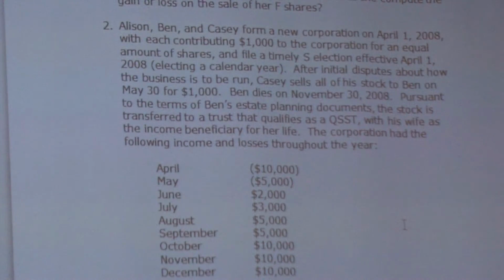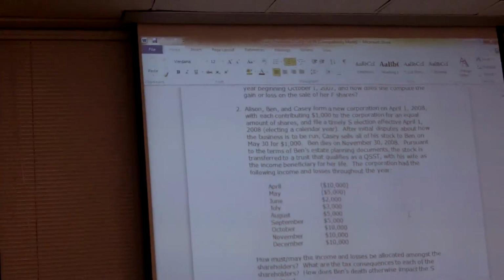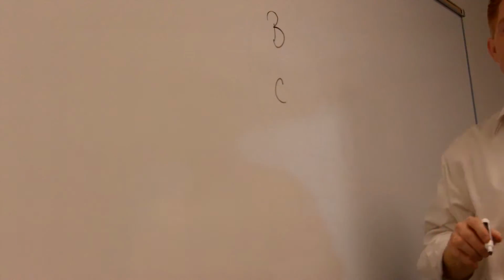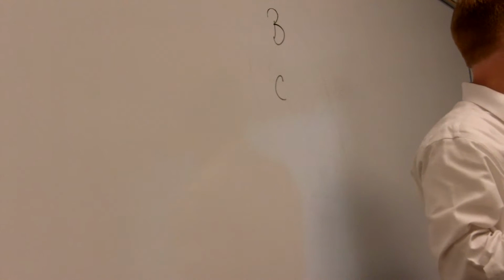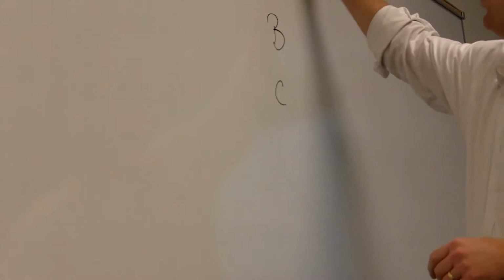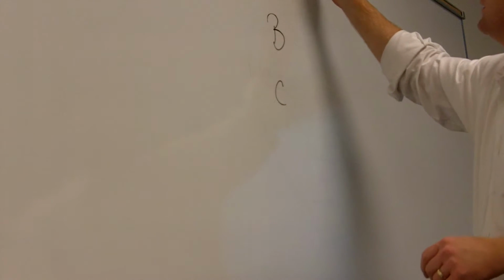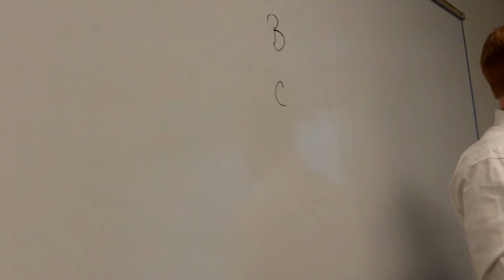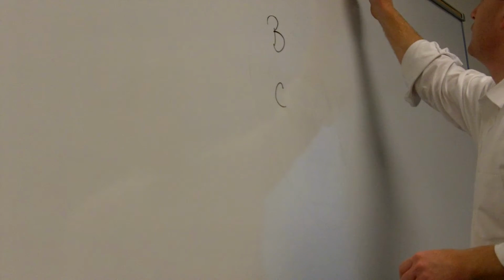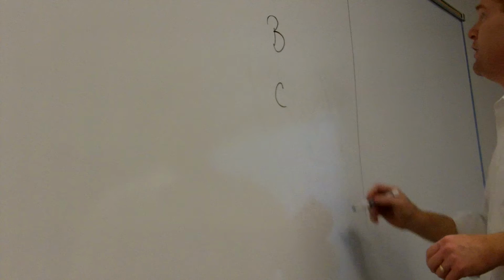We've got Allison, Ben, Casey. So we know where our breakpoints are. We start at 4-1, and then we go to 5-30. That's one breakpoint.